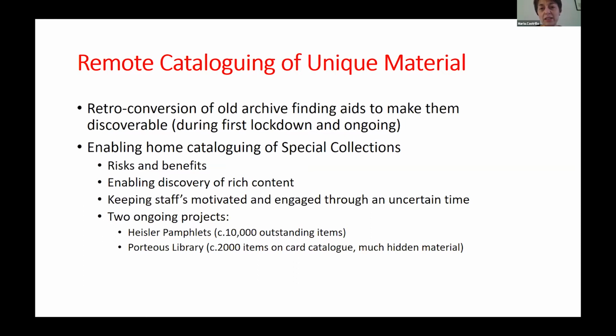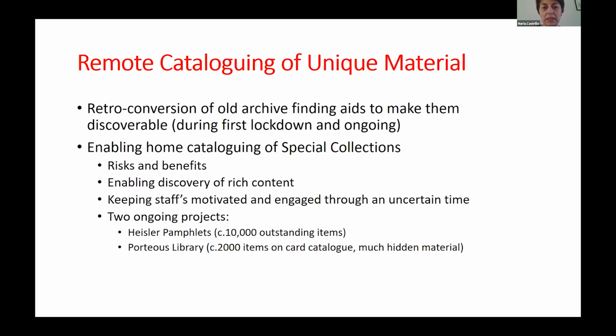And so far, I can say that the benefits have outweighed the risks and any potential issues that could arise. We have also enabled the conversion of about 2,000 cards from the card catalog of the Porteous Library, which is another major special collection. So these projects are still ongoing, but as I said, it was an opportunity for us to bend the rules and experiment.